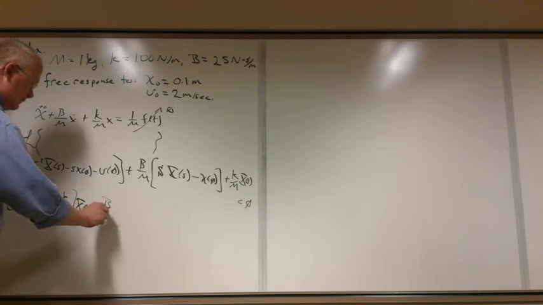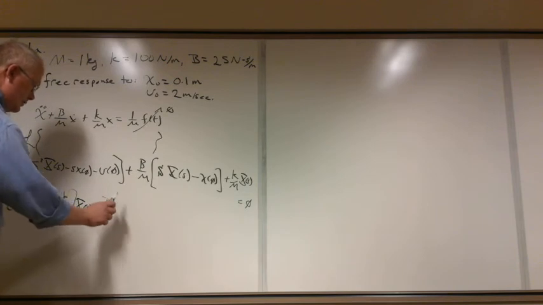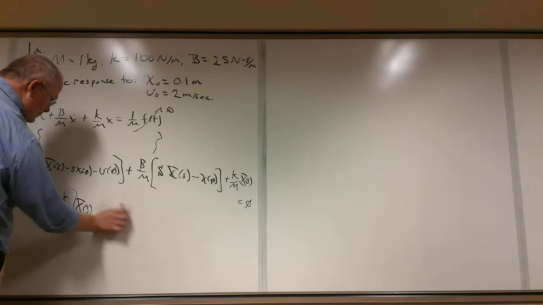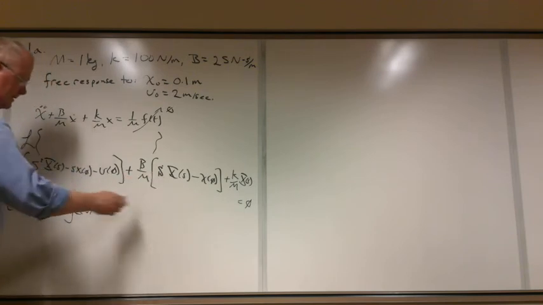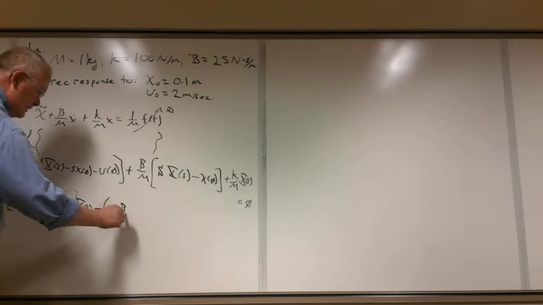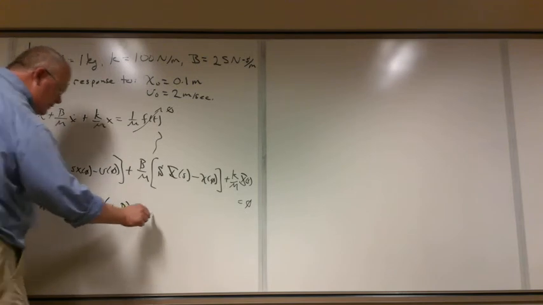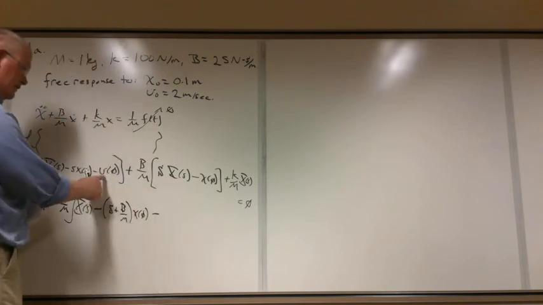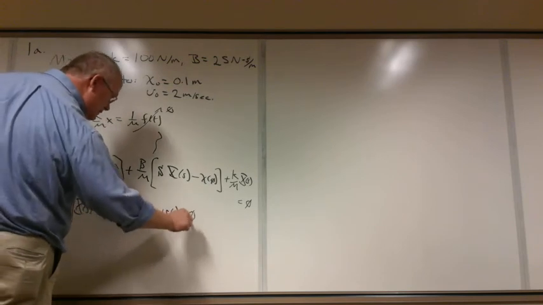Let's see, we have minus s x naught, and then it's going to be minus b over m x naught, so it's going to be minus s plus b over m x of 0 minus v naught is all equal to 0.